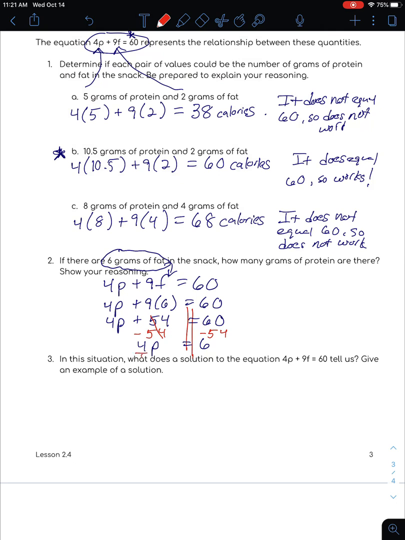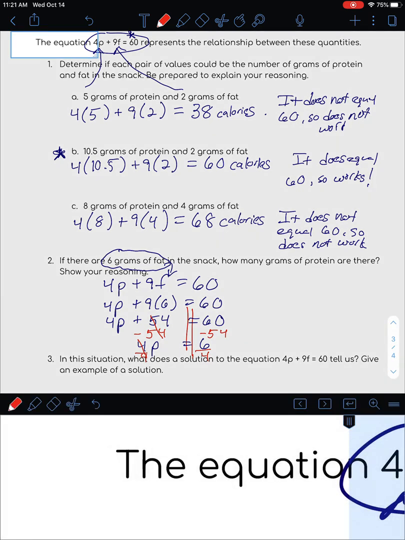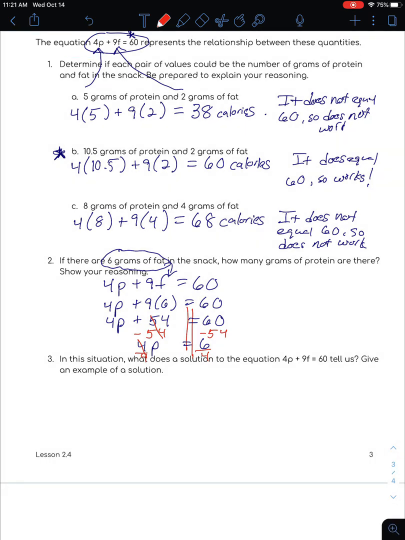And then 4 times P, to undo multiplication, we are going to divide. So 4 divided by 4 gives us just P, or 1P. 6 divided by 4 is 1.5. So P equals 1.5. And remember, that is grams of protein.